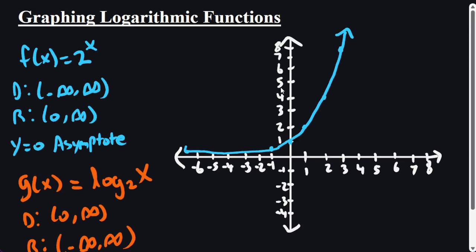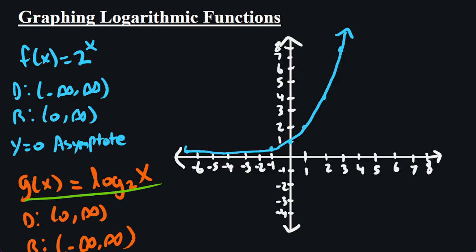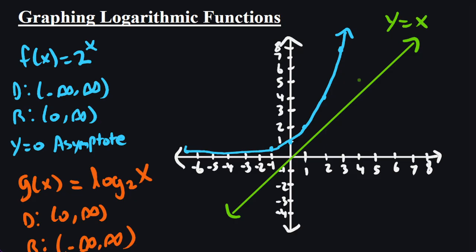So with that said, let's go ahead and plot this logarithmic equation, g of x equals log base 2 of x. And what we'll actually do, let's go ahead and draw the identity line, because we know that inverse functions are reflected over the identity line. So we have this identity line right here, y equals x.